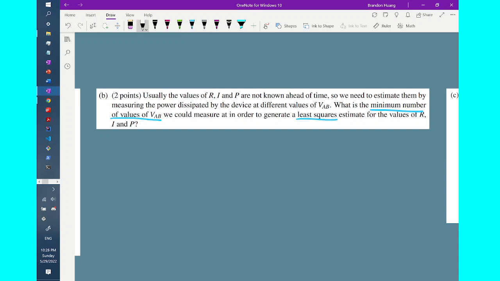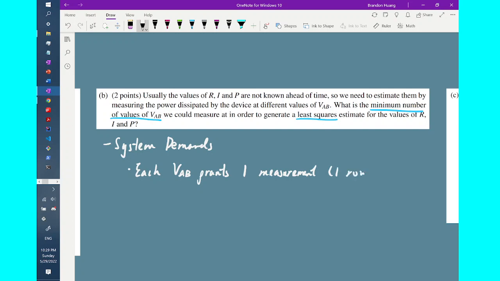So let's first look at the system that we're trying to deal with. First of all, each measurement of VAB grants one equation, or grants one measurement, which is one row of the total matrix.